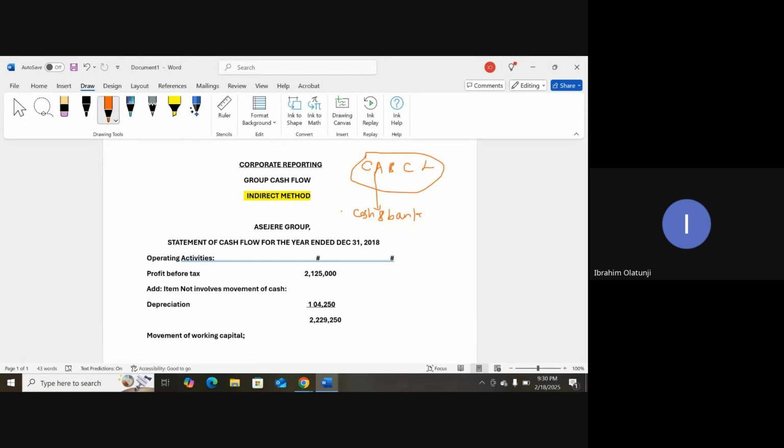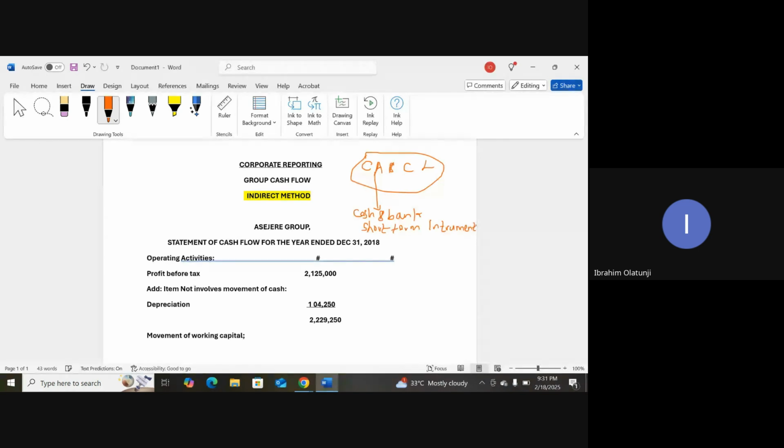Also short-term investment, or short-term instrument, is not included.